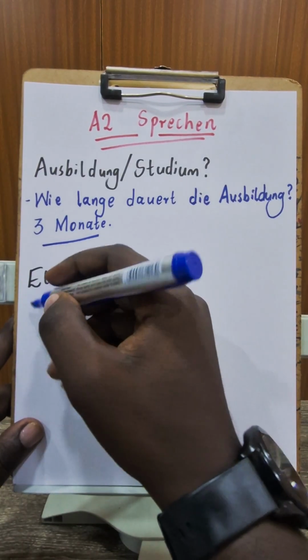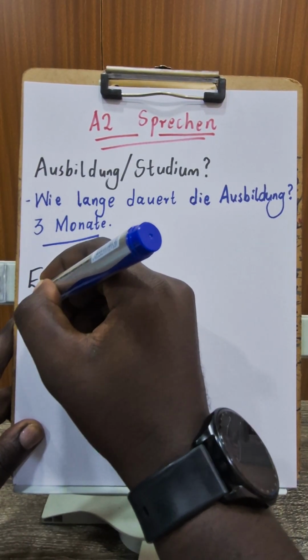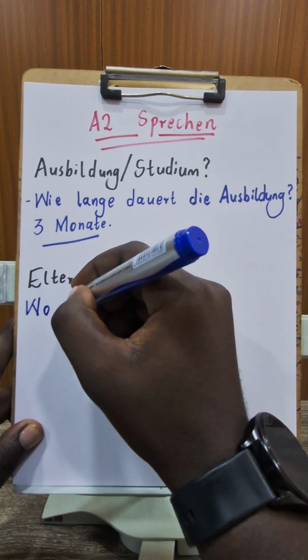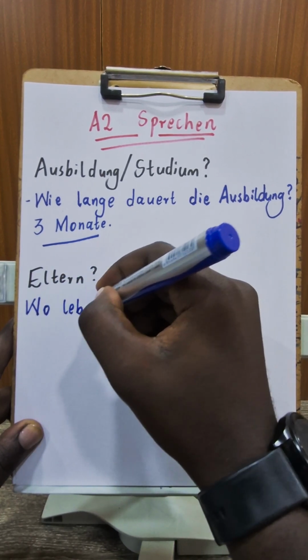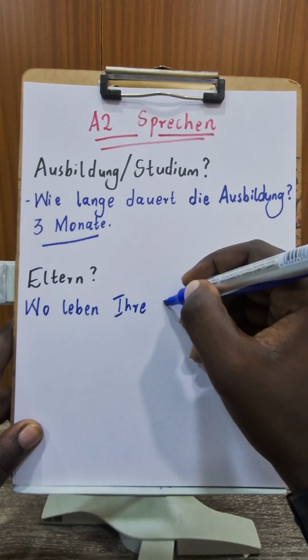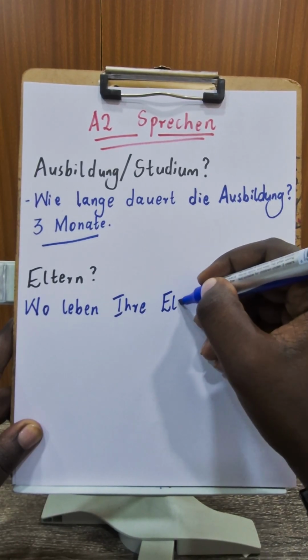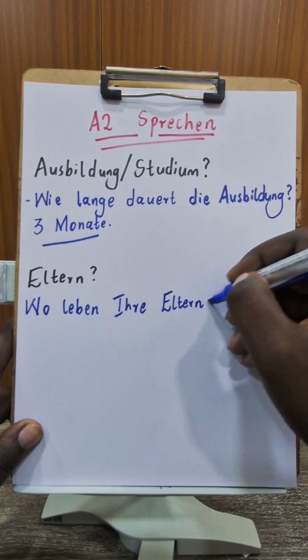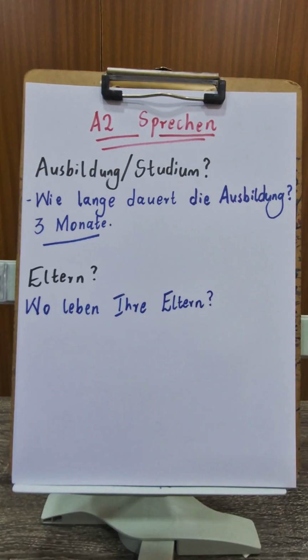Wo leben Ihre Eltern? Wo leben Ihre Eltern? Where do your parents live?